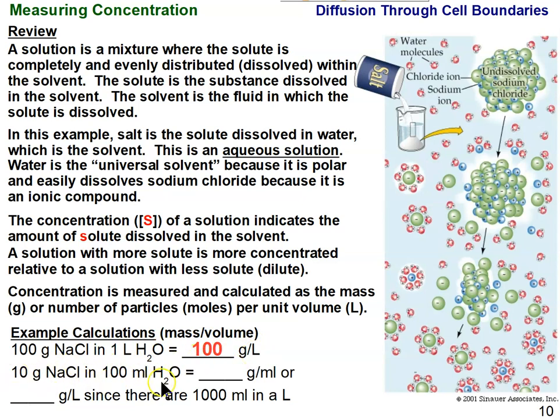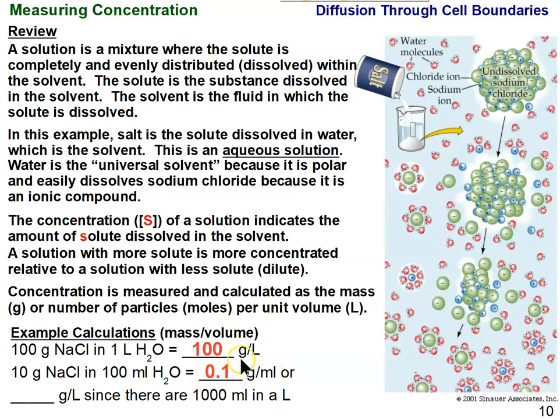Similar calculation, and the way you can calculate that is 100 divided by 1, right? Mass divided by volume. 100 grams divided by 1 liter is 100 grams per liter. 10 grams in 100 milliliters of water, you can just divide 10 by 100, and the units are going to be in milliliters instead of liters, but that's 0.1 grams per milliliter.